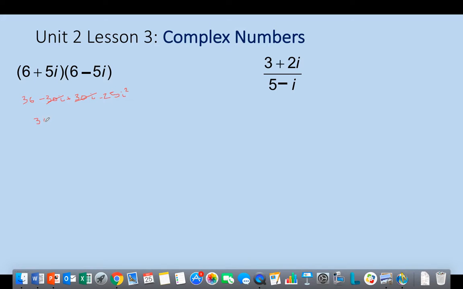So we have 36 minus 25i squared. But we do know that i squared is -1. So we get 36 plus 25, -25 times -1 being positive 25. So my answer is 61.